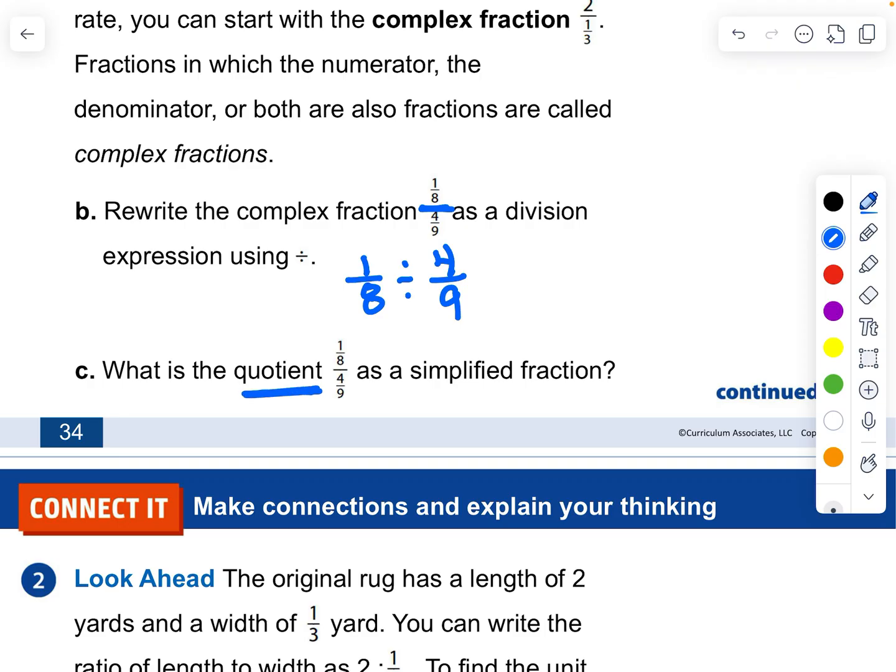Quotient is the answer to a division problem, so let's divide. 1/8 divided by 4/9 is the same thing as 1/8 times 9/4. 1 times 9 is 9. 8 times 4 is 32.